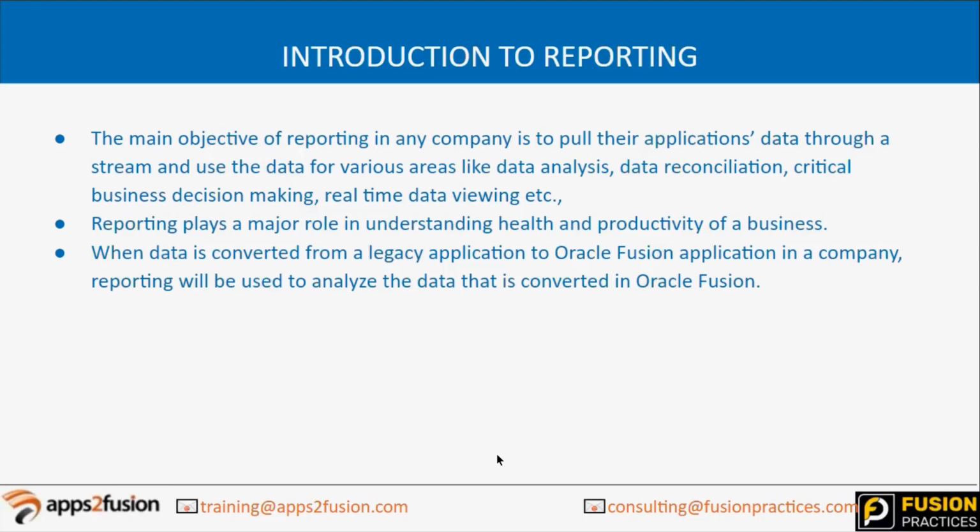That is the main objective of reporting, right? And, as it is self-explanatory, with the data output that we retrieve using the reporting tools, we can easily find out the health and productivity of a business or an enterprise.